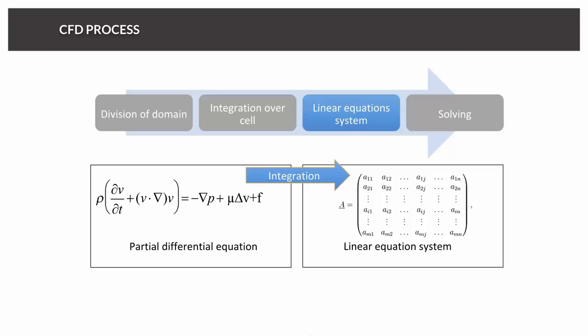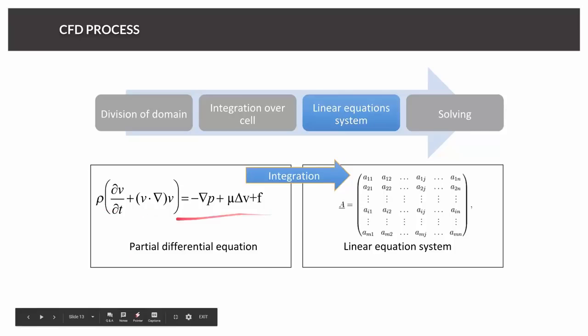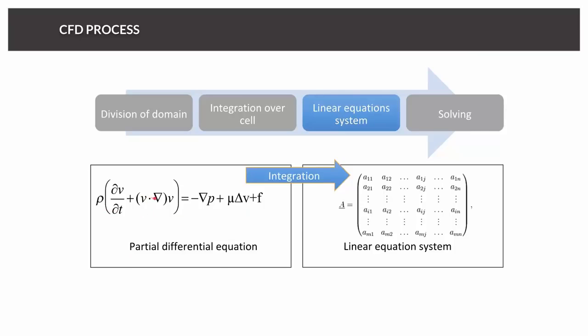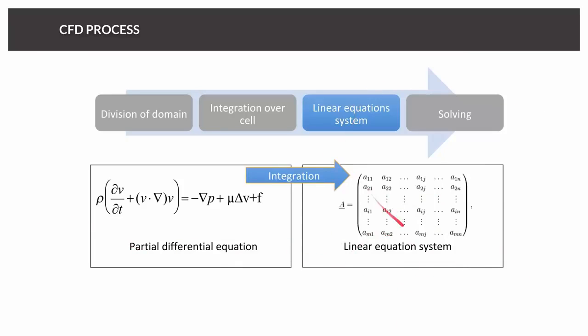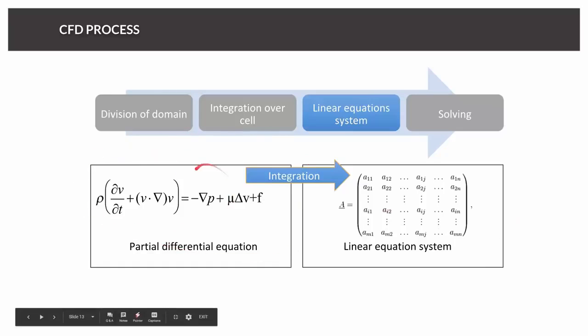And this is a big difference, because a PDE, this one, I simply cannot solve it. But if I know a solution, I can test if it's the right solution. In contrast to that, a linear equation system is a numerical problem. It's not precise anymore, because at the end of the day we did some mathematical simplifications.